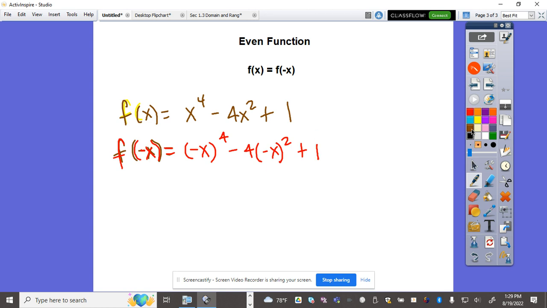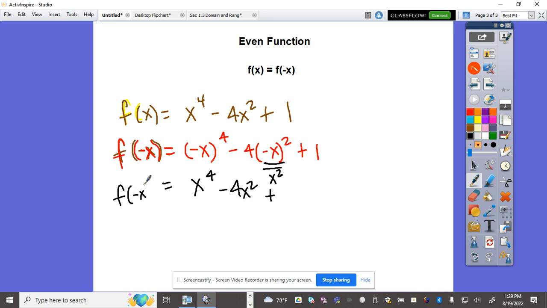We know that if you multiply negative x times negative x times negative x times negative x, it will be positive. So this will be x to the fourth. And then negative x squared is going to be positive x squared, times negative 4 is negative 4x squared, plus 1.